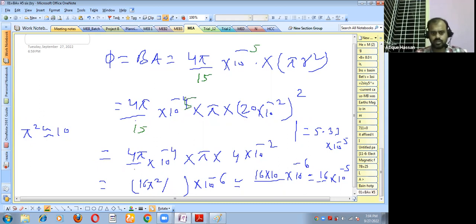So we will get it as 4 by 15 into 10 to the power minus 5.